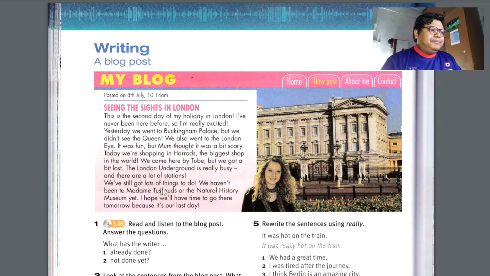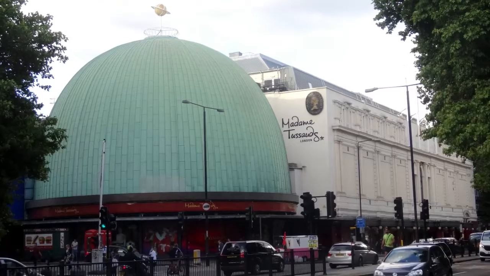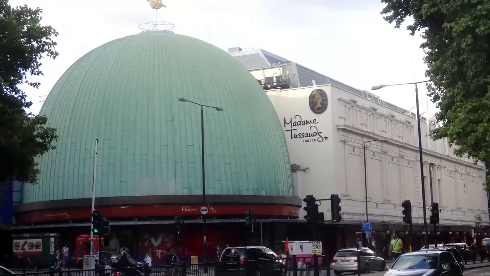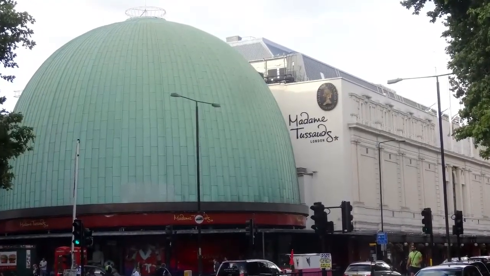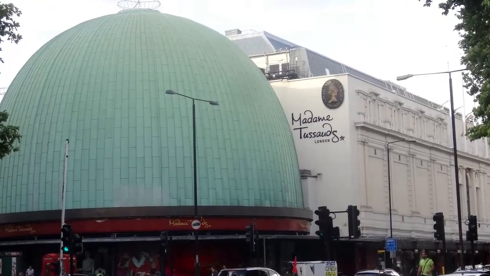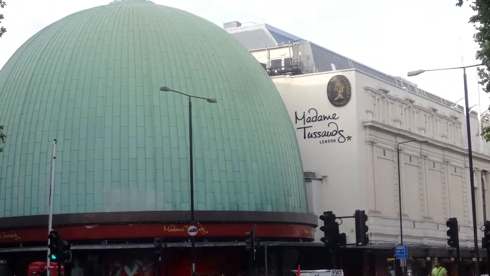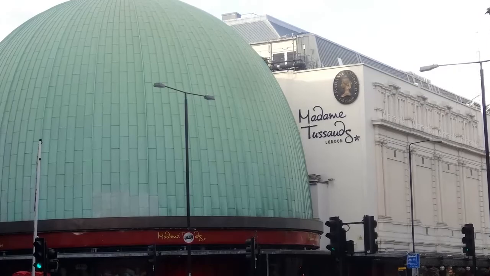So we haven't been to Madame Tussauds. Okay, Madame Tussauds ni kalau tak silap saya, dia kedai menjual pakaian. Okay, students, there is a correction here. Madame Tussauds is not a place where you buy clothes. It's actually a wax museum. Okay, museum lilin.